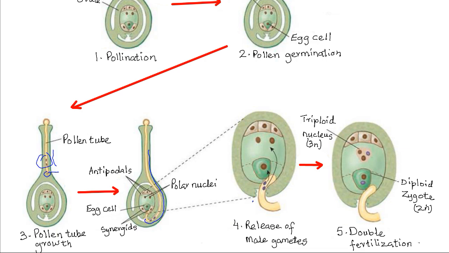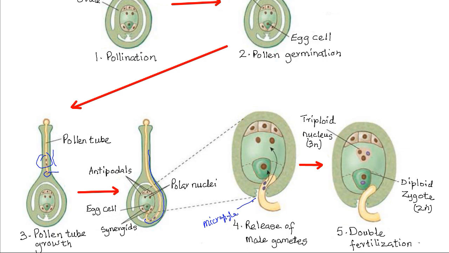Now, once it gets to the ovule, it enters through an opening known as the micropyle. That is the micropyle. So usually many pollen tubes grow down the style simultaneously, but usually it's only one pollen tube that will penetrate.